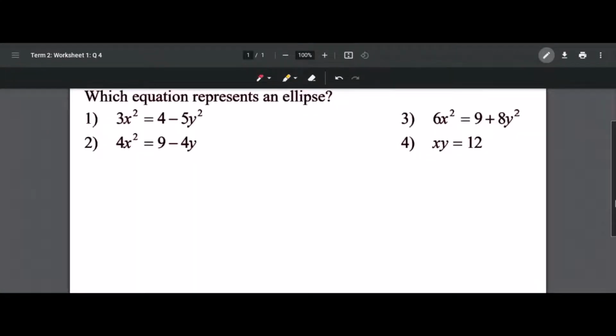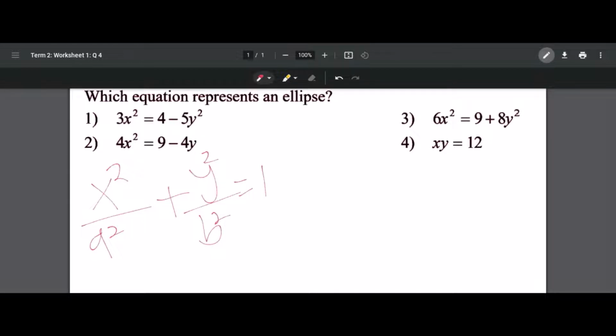Which equation represents an ellipse? I'm going to start by writing the equation of an ellipse in the standard form, which is x squared over a squared plus y squared over b squared equals 1, with the center of the ellipse at the origin.